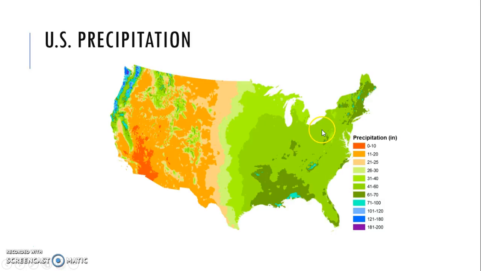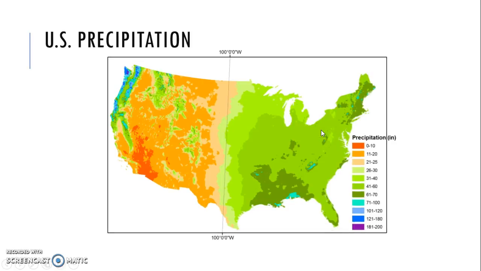And what I want you to notice here is that we're going to draw a longitude line, the 100-degree west longitude, which comes down this way, and it just happens to match pretty much with a drop in precipitation where we go from having enough precipitation, so it's light green, that's 26 to 30 inches of precipitation.